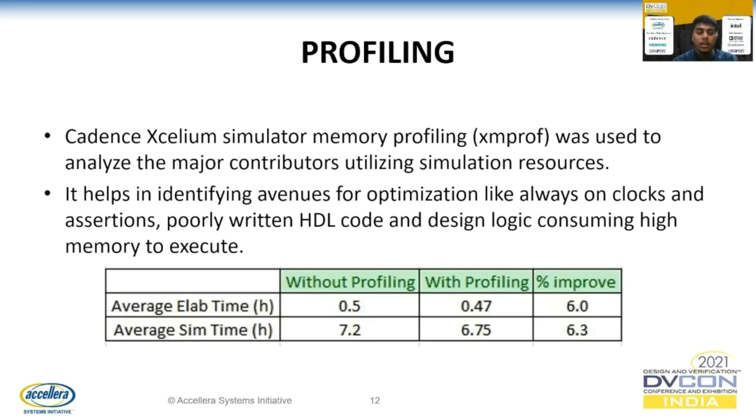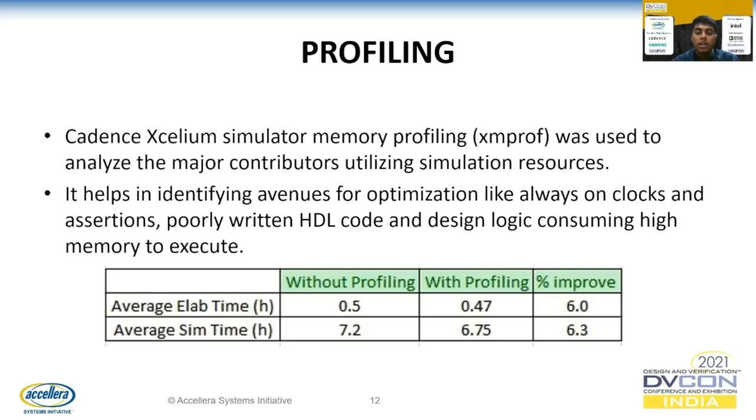In profiling, we use the Cadence Xcelium simulator memory profiling to analyze the major contributors utilizing the simulation resources, and identify avenues for optimization like always-on clock assertions, poorly written HDL code, and design logic consuming high memory to execute. For instance, the simulator-dependent XM mirror was being used in multiple places, which is an expensive method.